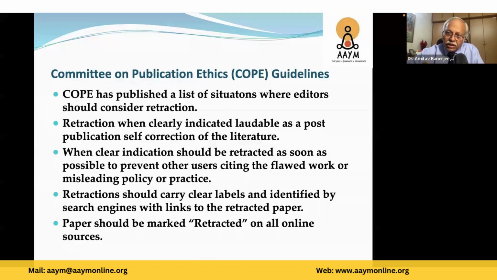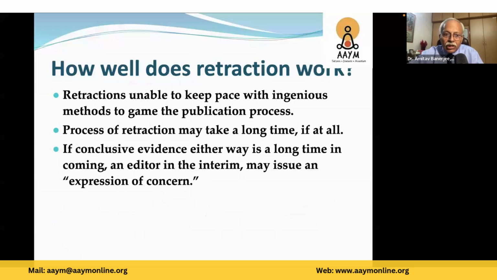And once it is retracted, it is written over the paper, retracted, retracted. Everybody can see, and the author actually has an academic stigma all his or her life, because that paper pops up every time as retracted. So one has to be careful. Many papers go through retraction. It's not easy to detect publication misconduct.